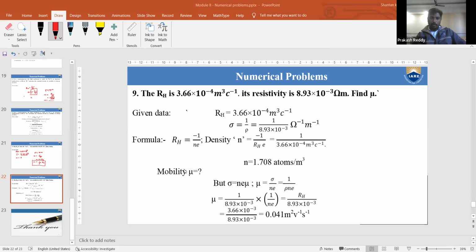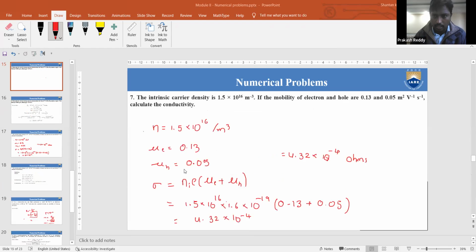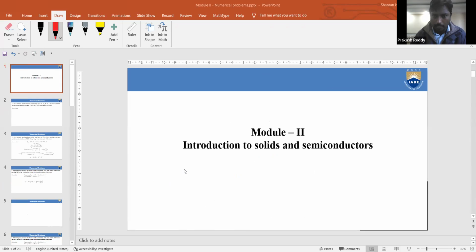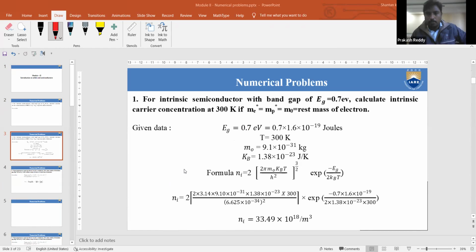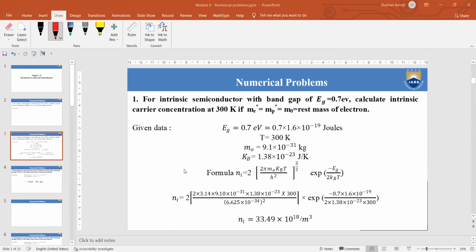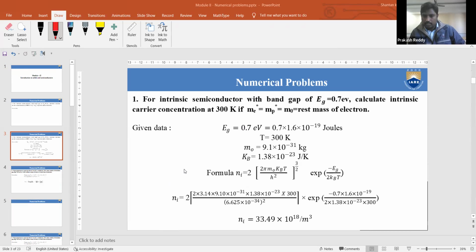These are the problems, or numericals, from module 2. Once again I'm going to repeat the PPTs. The first one is for an intrinsic semiconductor with band gap Eg: calculate the intrinsic carrier concentration at temperature T. Me star and Mp star equal the rest mass of the electron. So we know the formula.